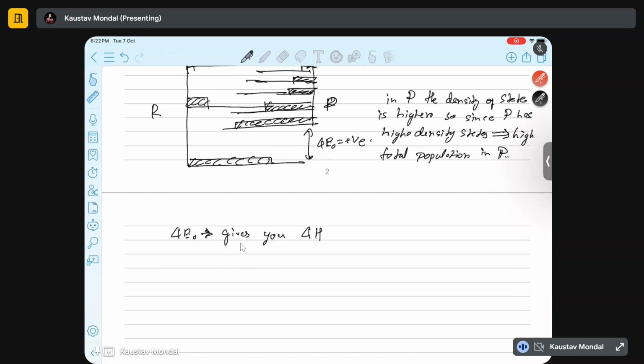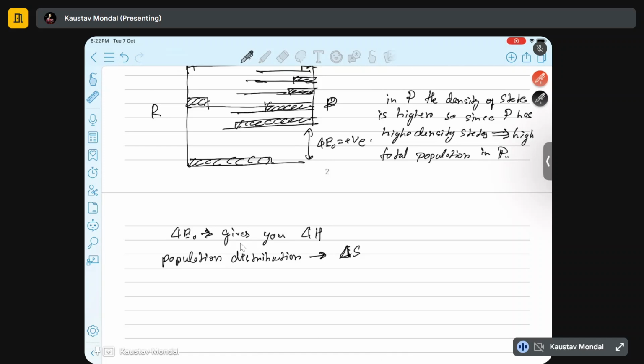And the population distribution basically gives you the change in entropy, delta S, from the products to the reactants, right?